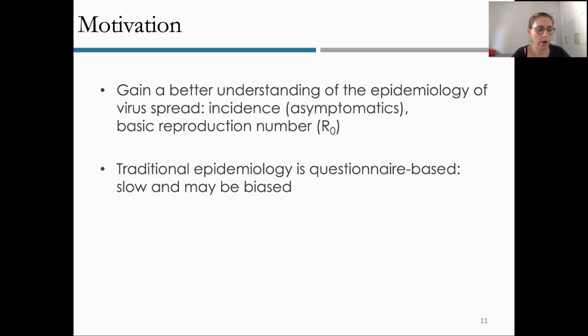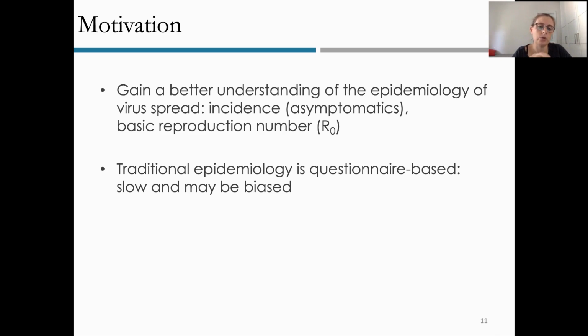The way epidemiology traditionally works is something called questionnaire-based. This is something very slow and may often be biased. If you're sick, you get a telephone call from a nurse, and the nurse will start questioning you about who you met and how you met and when you met. Eventually the idea behind this questioning is to understand who infected you and how many additional people you might have infected.